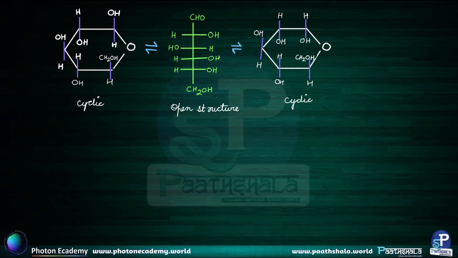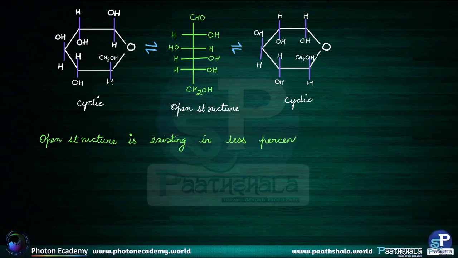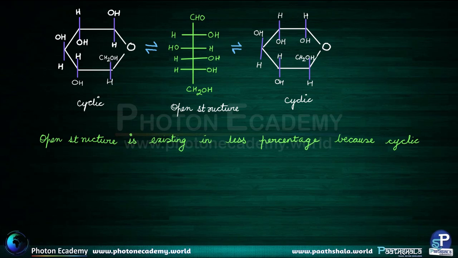in this cyclic form. Okay, so I concluded that all these structures are in equilibrium, and this open structure is existing in less percentage because my cyclic structures are more stable.